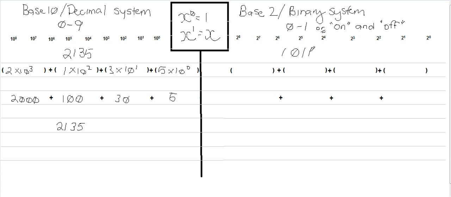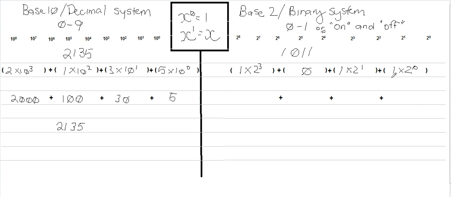So we're looking at our least significant bit, which is a 1, which is 1 times 2 to the power of 0. Our second least significant bit is 1 times 2 to the power of 1. We have nothing in the third slot, so we can just leave it as 0. And in the fourth slot we have 1 times 2 to the power of 3.